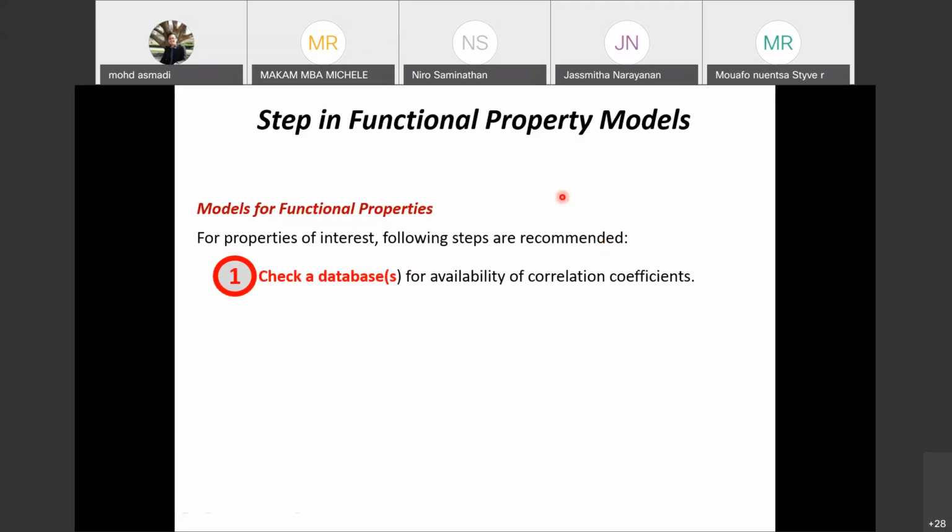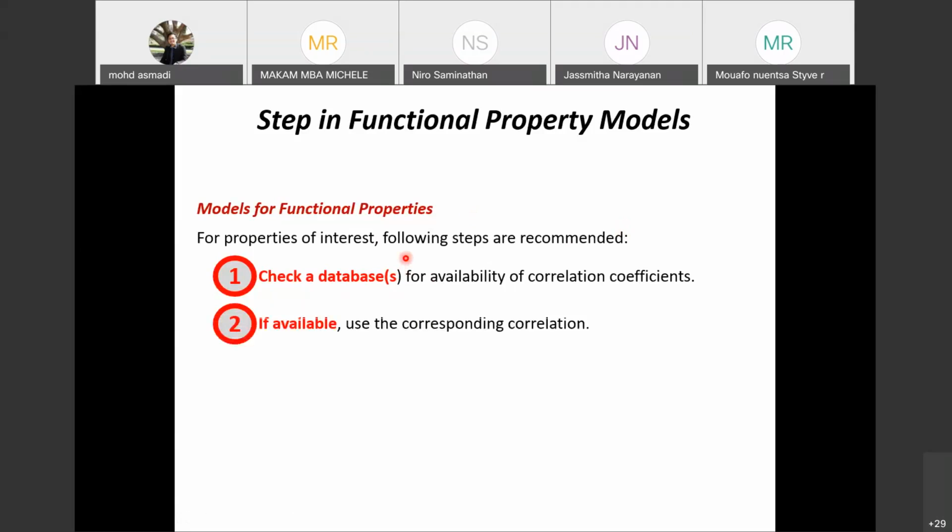First, check a database for the availability of a correlation. For example, if you have a database, you construct a graph so that you can predict the properties, such as the saturated vapor pressure, or liquid density along with the temperature. So what is the functional property of that target compound?